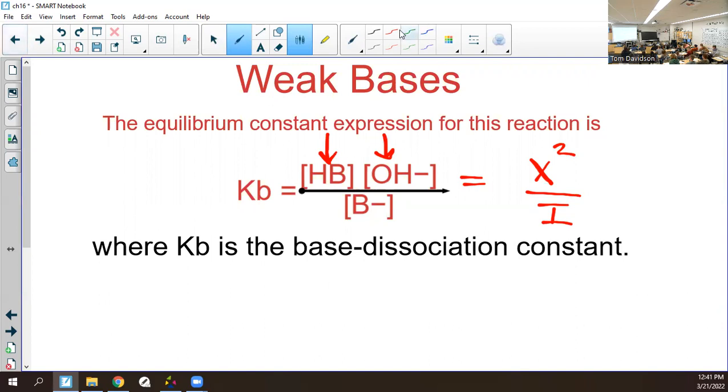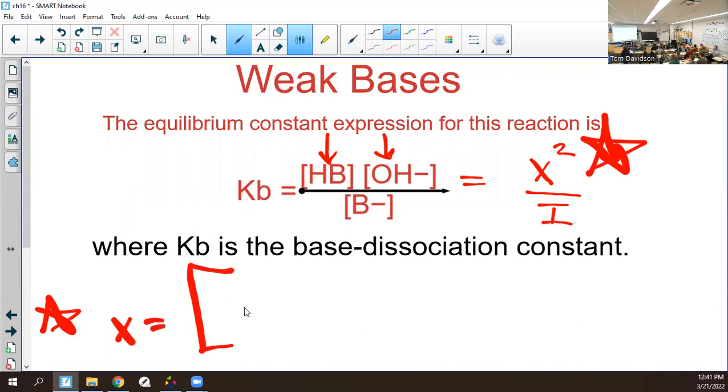But we've got a giant asterisk right here. If we're doing it for bases, my x is equal to the OH- concentration.